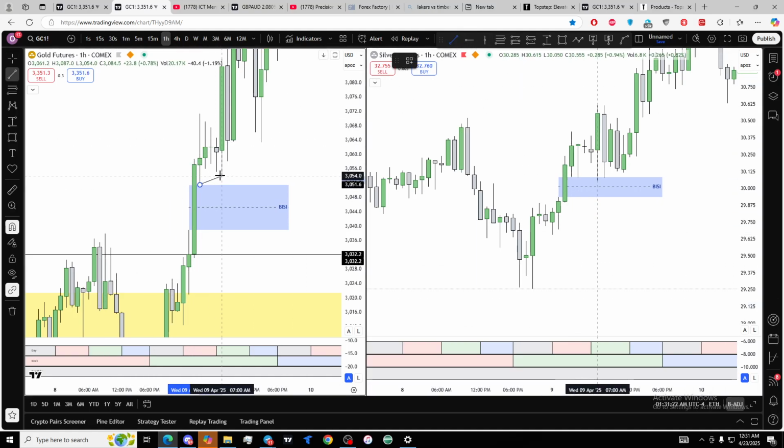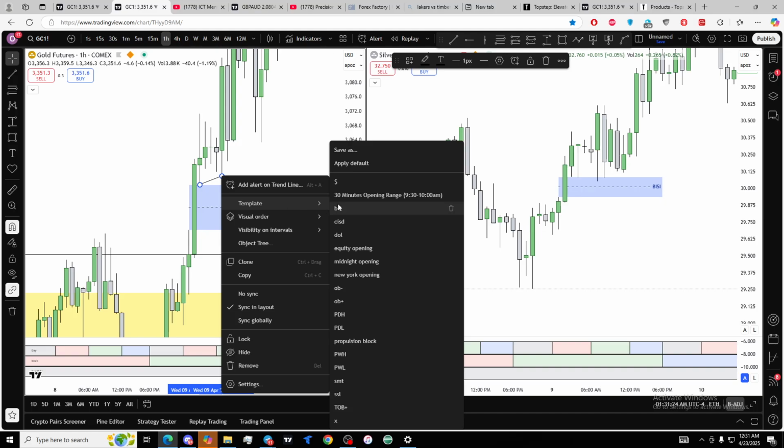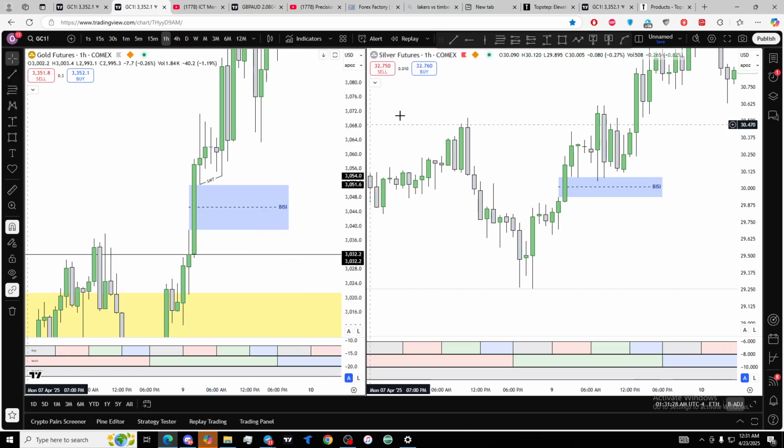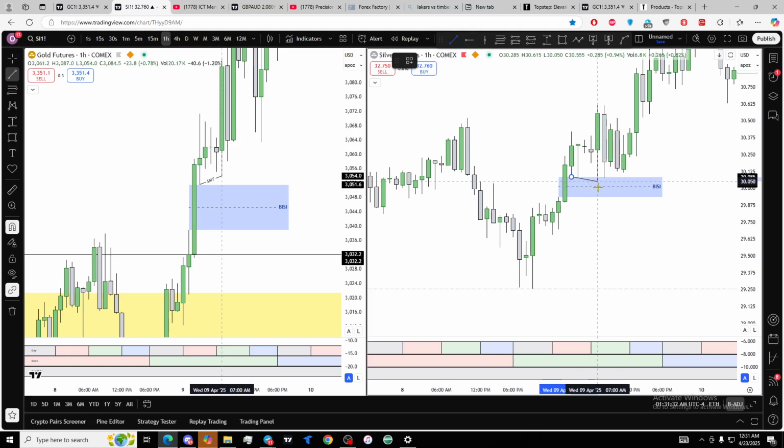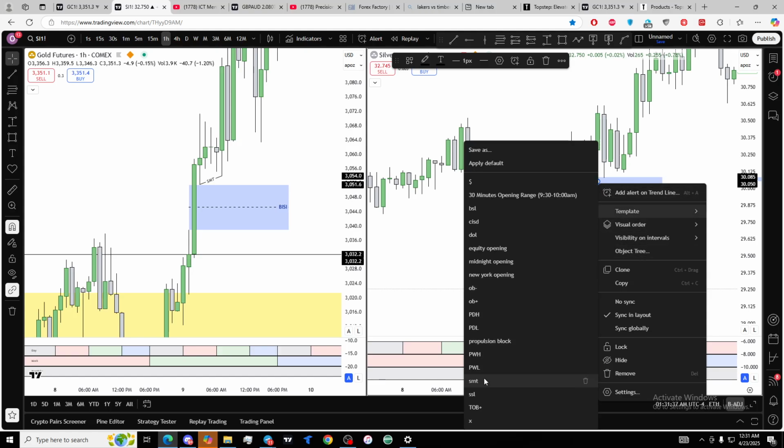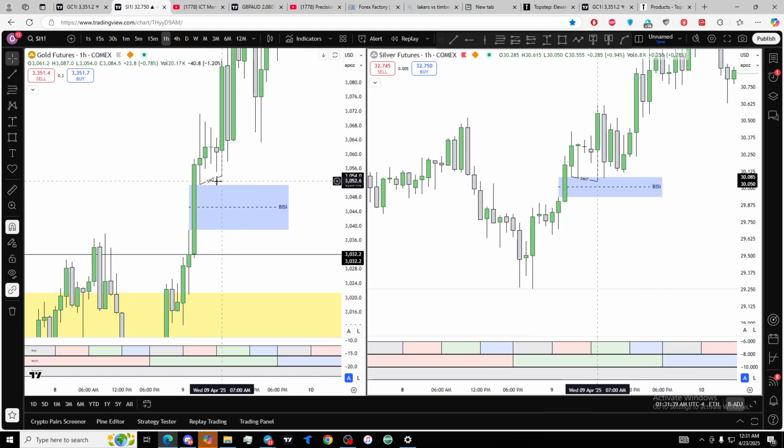We had gold creating a higher low, and we had silver creating a lower low. So gold created a higher low, while silver created a lower low.